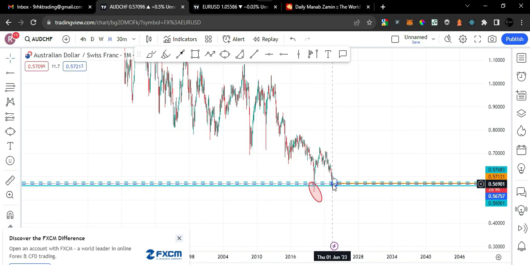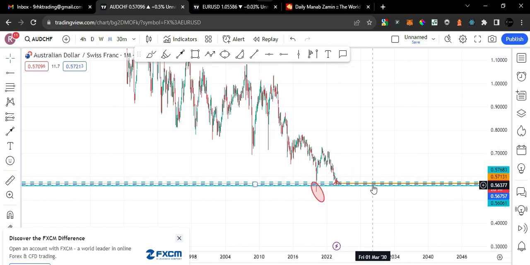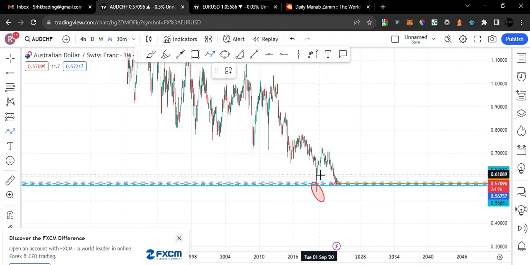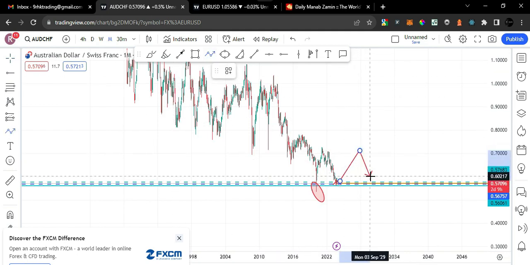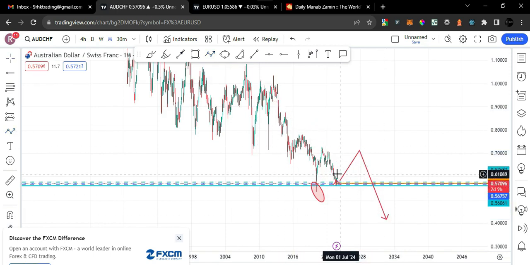So considering this lower high, we may have a better probability that price will at least go a little bit higher. And if it fails, only then maybe it will come down and break this structure.